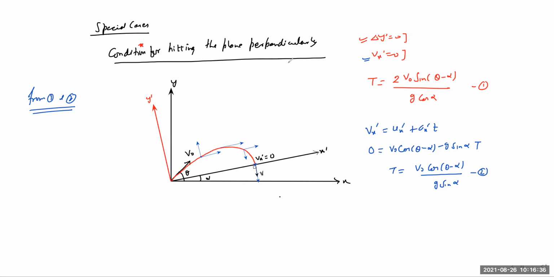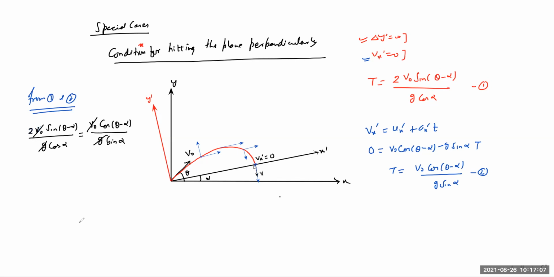So now from 1 into what we can write? We are done with this. So from 1 into what we can write? 2v naught sine, v naught cos, let us see this we cancel out.